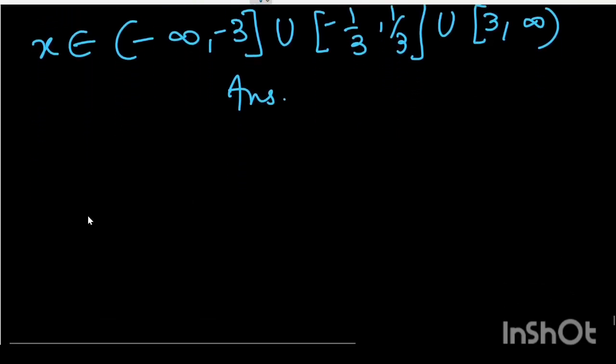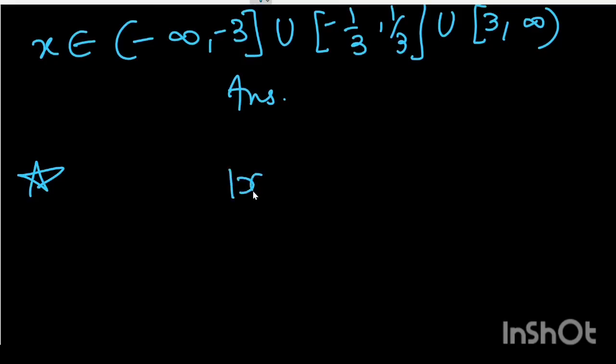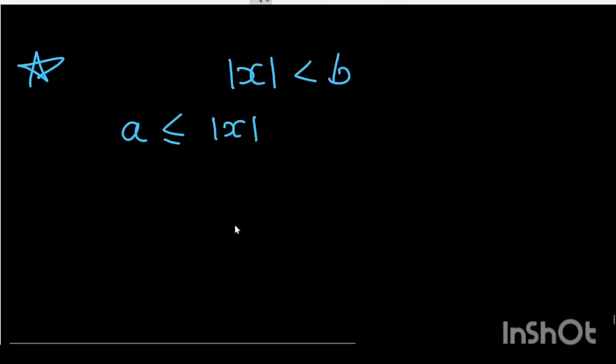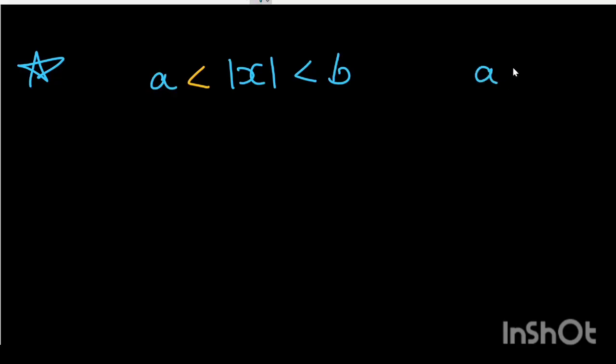Now, what if the question, we have seen mod x less than b, we also saw mod x greater than a or greater than equal to a. What if the question is a combination of these two, means a less than mod x less than b, where a is lesser than b, and a and b are positive.